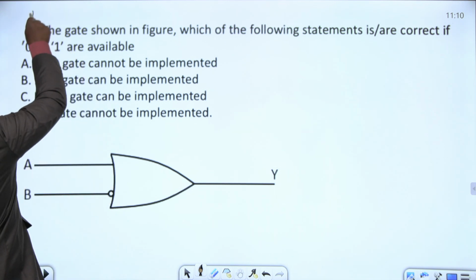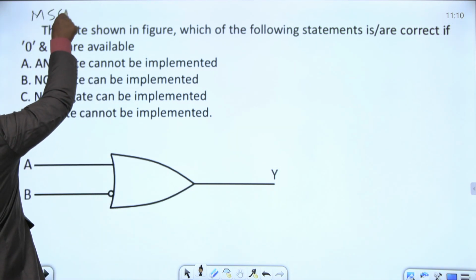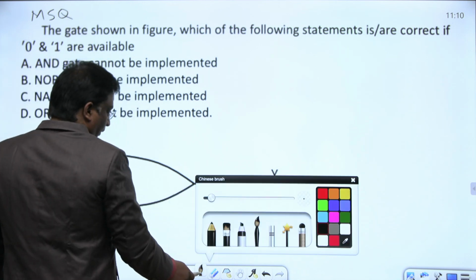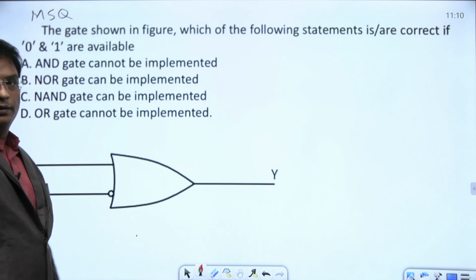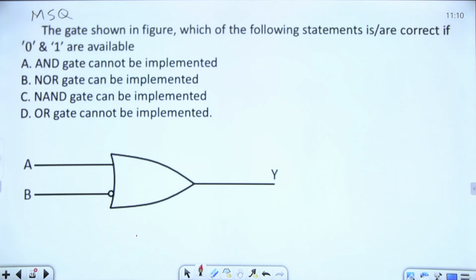This is given as an MSQ, multiple select question. Many options can be correct here. This is not an MCQ. Okay, tell me your answer.